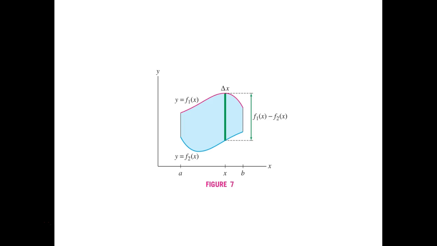You can take the same shape and put it down here, or over here, or up here, or even straddling the x-axis. It doesn't matter because your length here is f1 minus f2. As long as f1 is always greater than or equal to f2, that's fine. Your delta x is still delta x, so everything works just like it did before. Your moment with respect to the y-axis, and for y, would be this x value here.